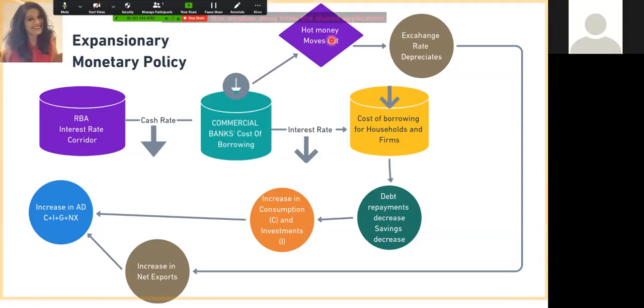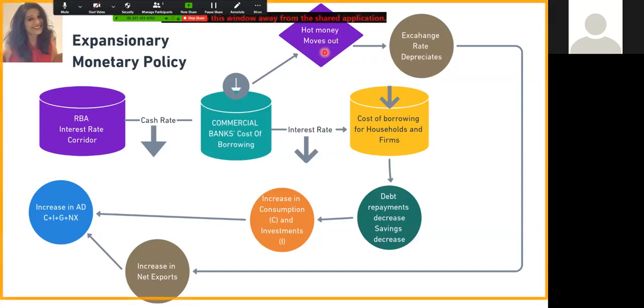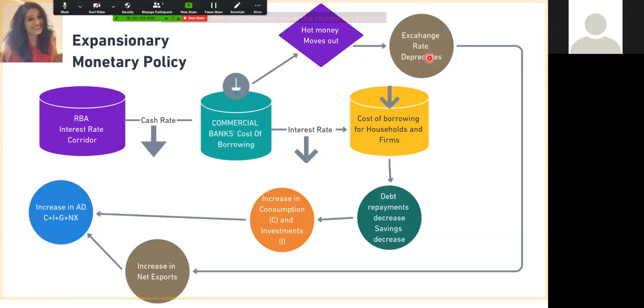So if the interest rate is lower, people would not want to keep the money in Australia, the investments would be less attractive in that sense. So money is likely to move out to destinations where a better interest rate is available. And that would mean changes in the very demand and supply of the Australian dollar, and that could mean that the exchange rate would go down.